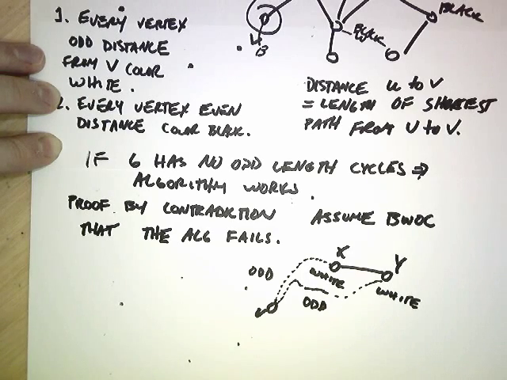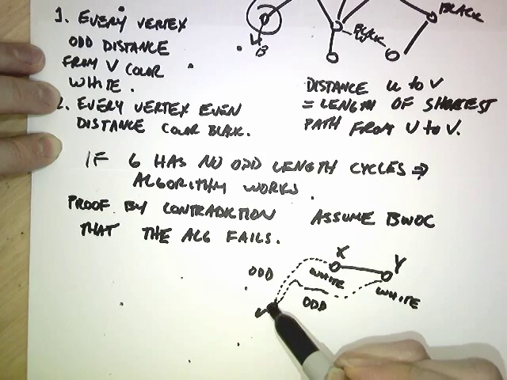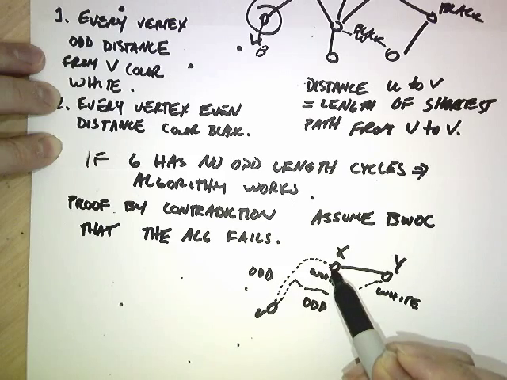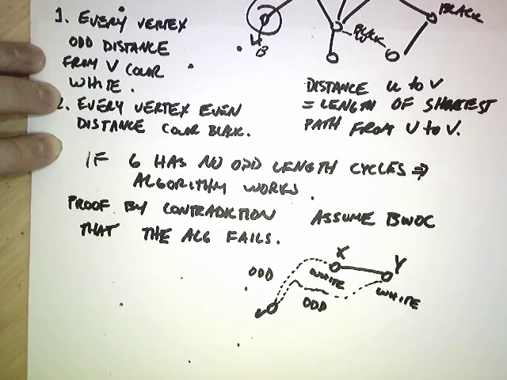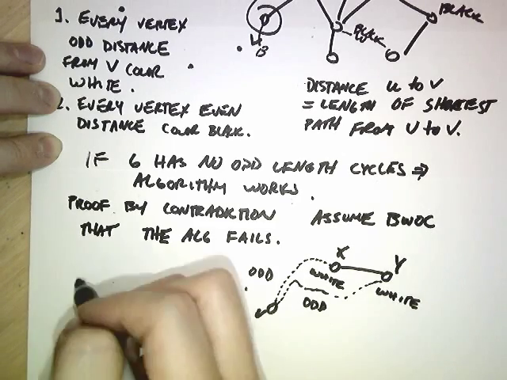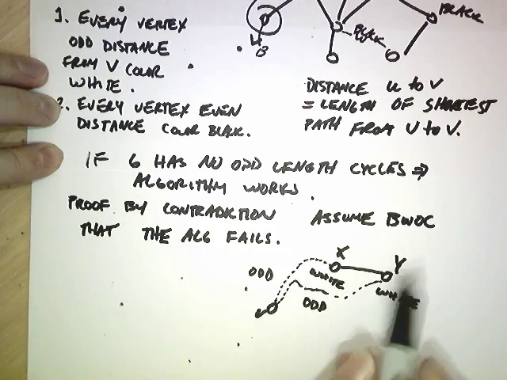Notice we've created a circuit, not necessarily a simple circuit or a cycle. We've created a circuit in this graph from v to x, take y, and then trace your steps back on this path back to v. Okay. What's the length of this particular circuit? So let's write this down.